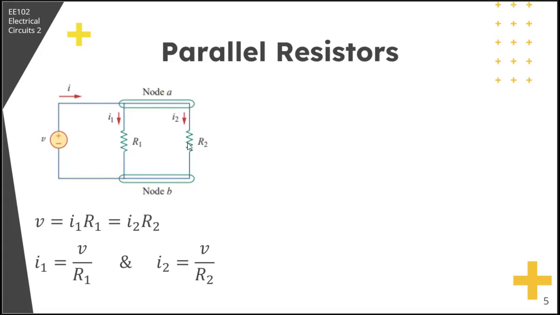And since they are also in parallel with the voltage source, the voltage of R1 and R2 is also equal to the voltage source. So from this, we can have this expression for I1, that is I1 is equal to V over R1, and I2 is equal to V over R2.